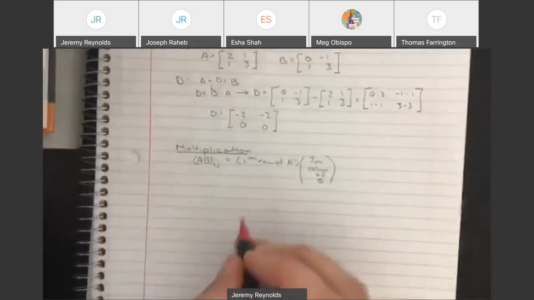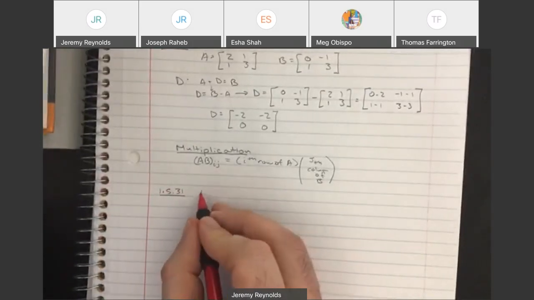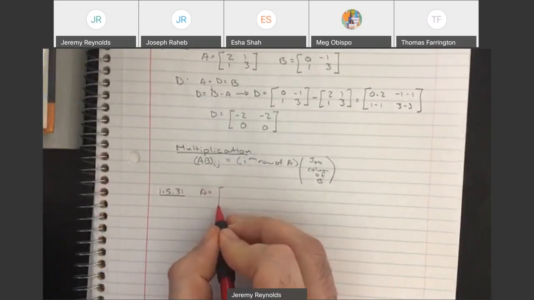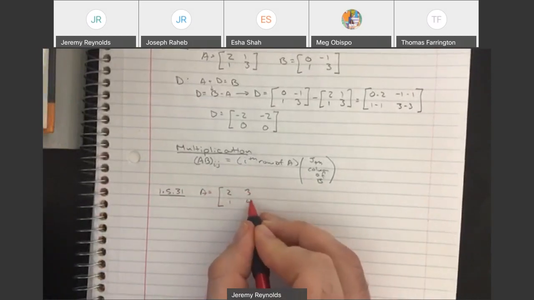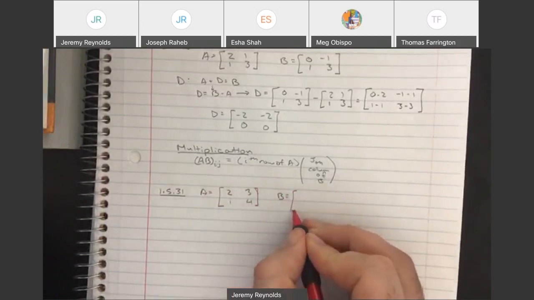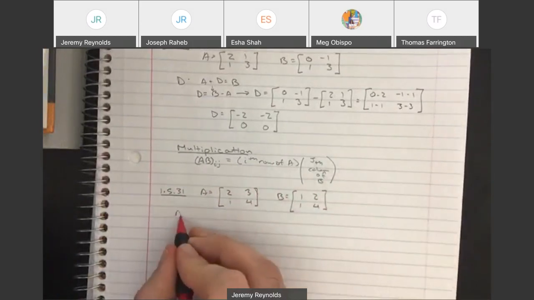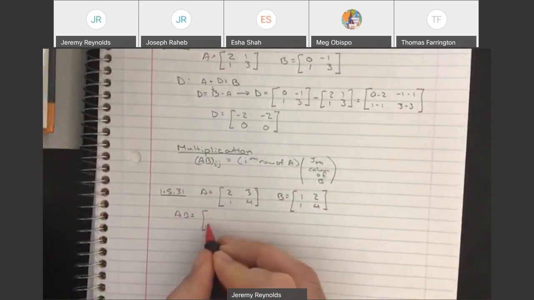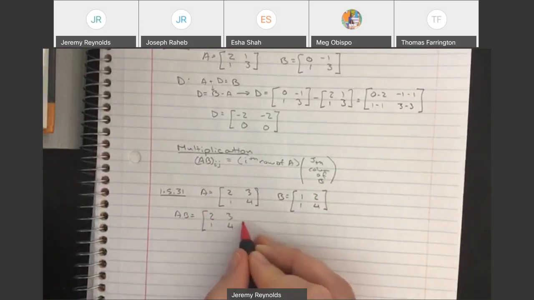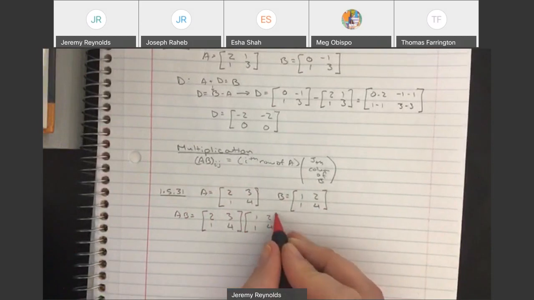So if we do an example, let's look at 1.5.31. We have A equals 2, 1, 3, 4. B equals 1, 1, 2, 4. AB is going to equal the product of these two matrices.